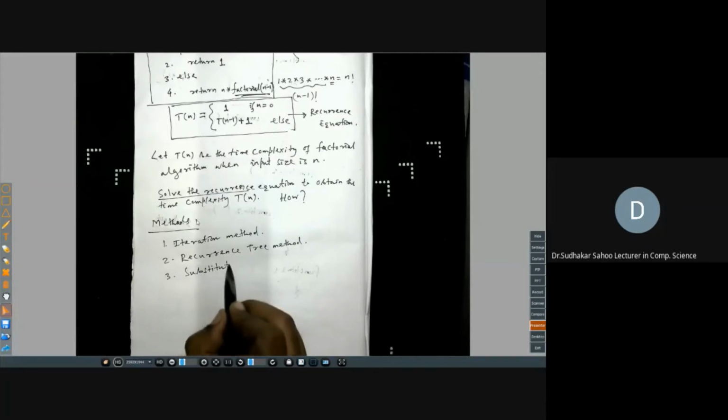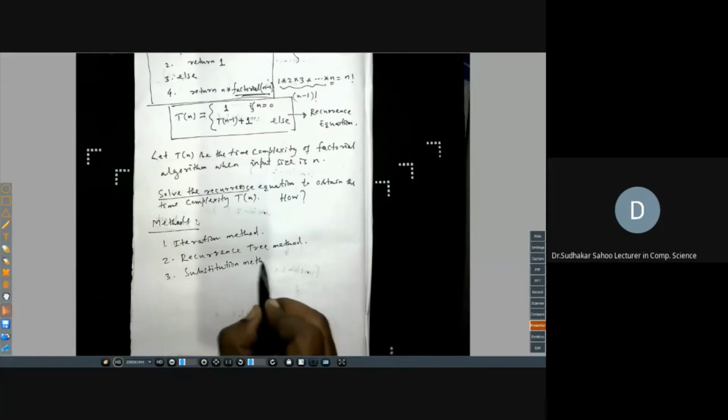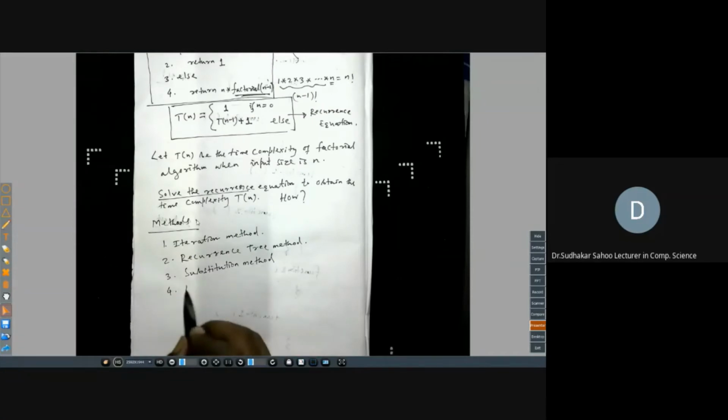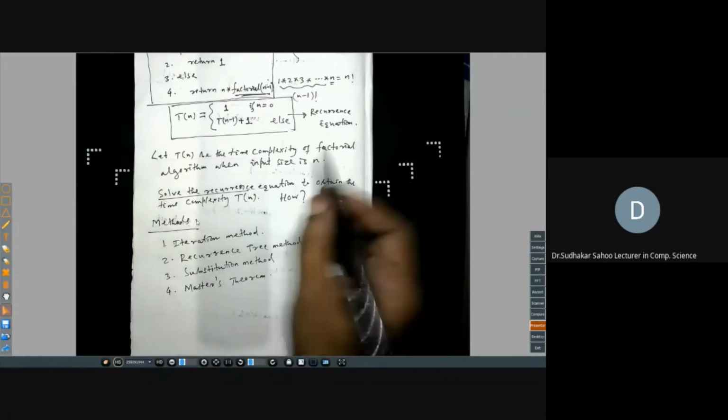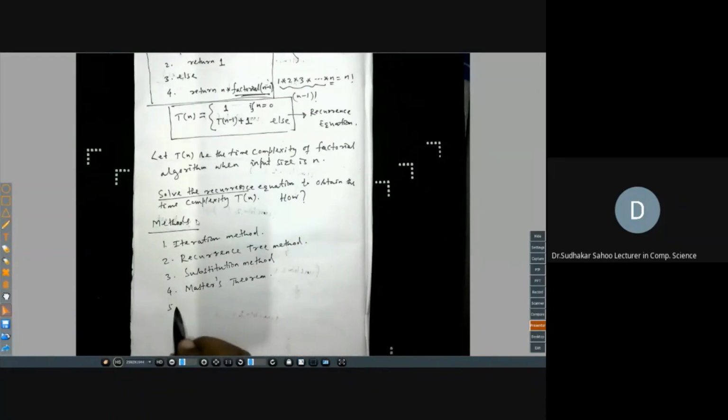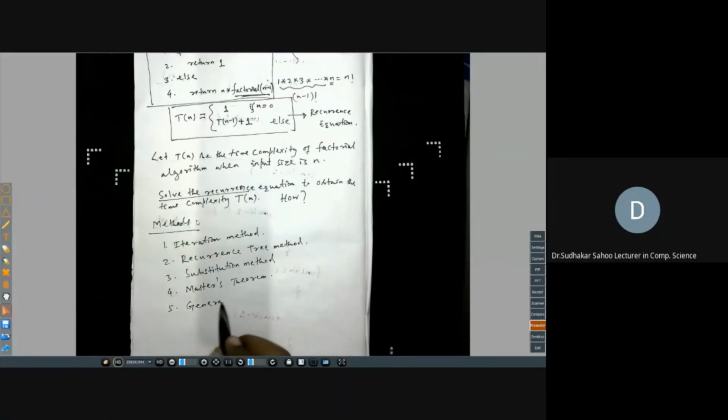Another is the substitution method. Another is using Master's theorem. Another is the generating function method. So many methods are there to solve recurrence equations.